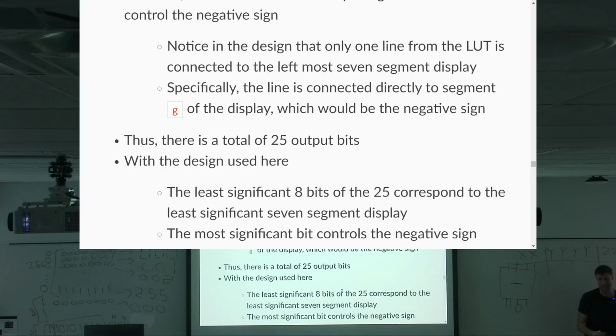I could output 8, 16, 24, 32 bits, 8 for each of the 4 7-segment displays. But they're always going to be 0, except for this one, which may be a 0 or it may be a 1, if it's signed or unsigned. So to save space, we'll just only care about the 1. All of these are connected to nothing, to ground. And this will be connected to the lookup table where we control on or off.